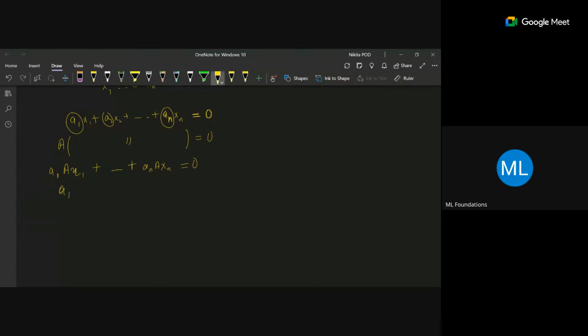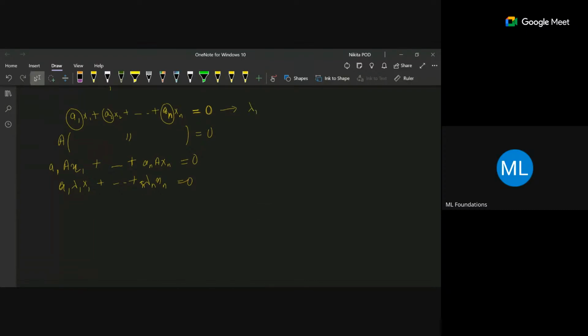This can be written as a1 lambda 1 x1 plus up to an lambda n xn equals 0. Now let's multiply the first equation with lambda 1 and subtract it from this equation. Let's write it over here first: a1 lambda 1 x1 plus up to an lambda 1 xn equals 0.